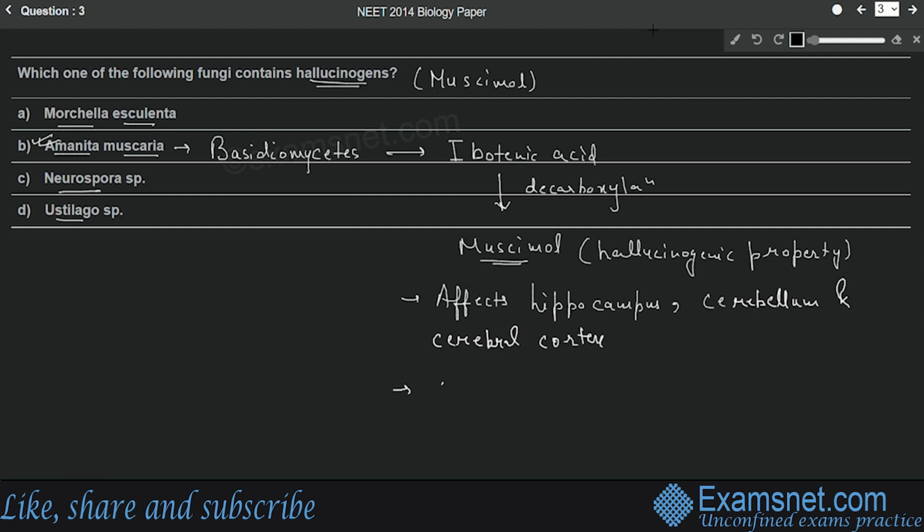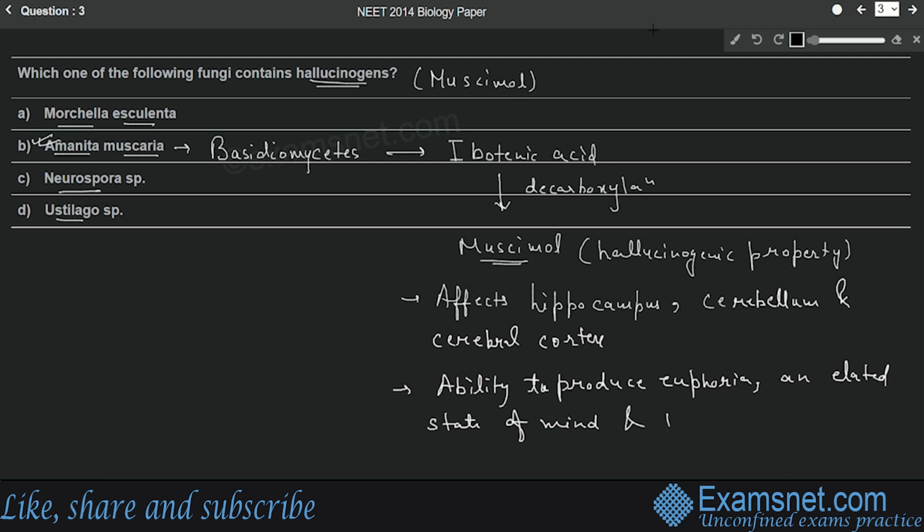It also has an ability to produce euphoria. What is euphoria? It is an elated state of mind. You feel very energetic in mind and body. So which option is the correct one? Option number B, Amanita muscaria.